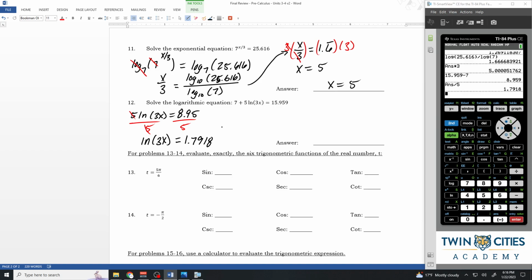Okay, so now what I need to do is exponentiate both sides. What that means is once I have my logarithm isolated, I ask, what is the base of this logarithm? Well, this is the natural log, so this is base e. What I'm going to do is say e to the left side is equal to e to the right side.